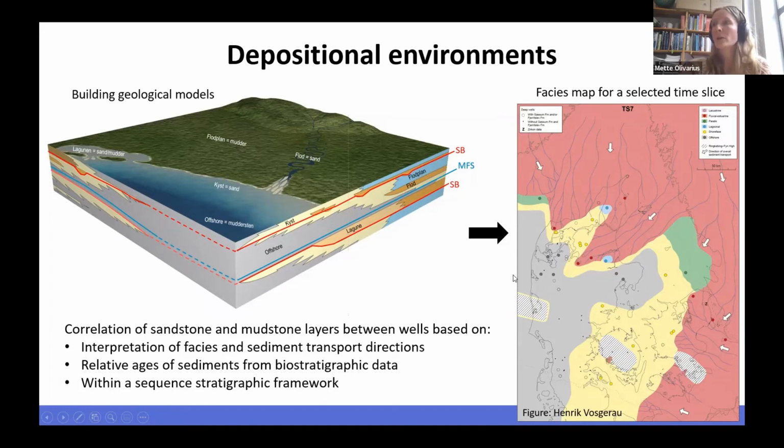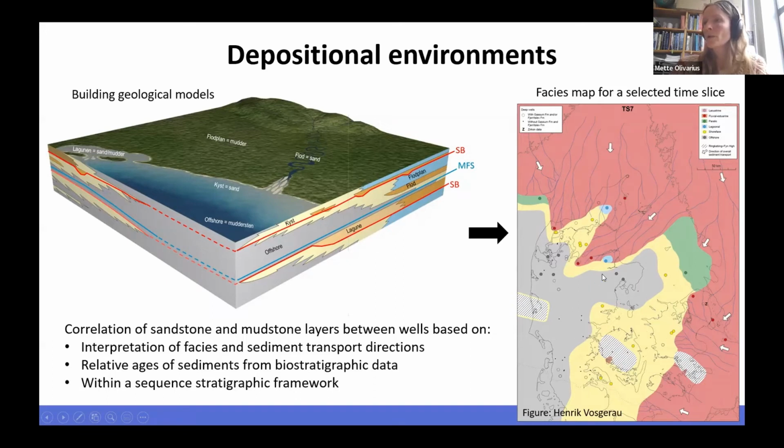This is then for a selected time slice where, in all these wells, you can see we have data from this specific time of the Gassum Formation. By this, we can interpret, for example, that all the red is the river deposits that were being deposited at this time. And then the coastline here in the yellow moved back and forth about in this area and deposited sandstone and some lagoons.